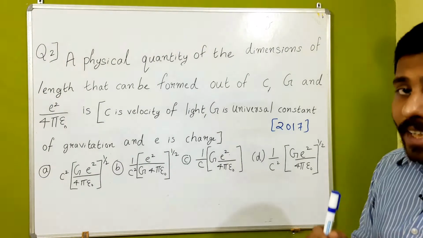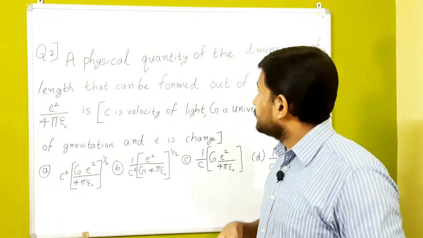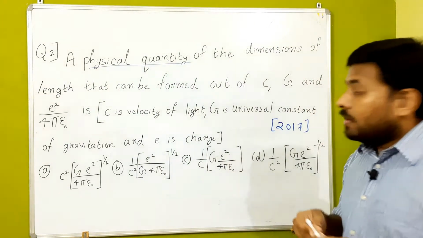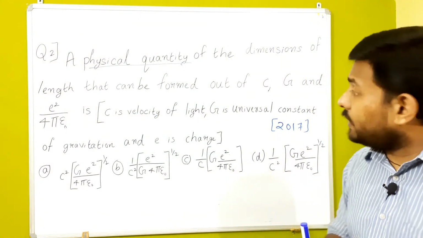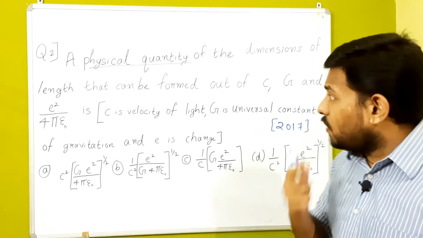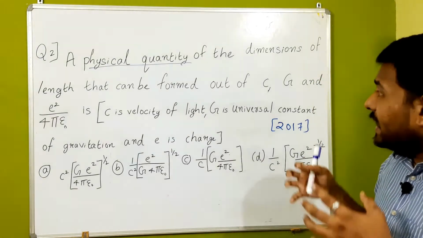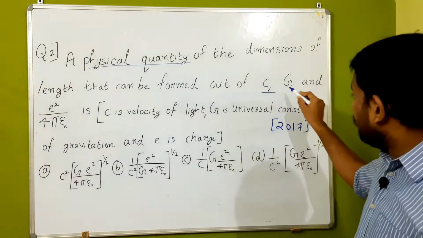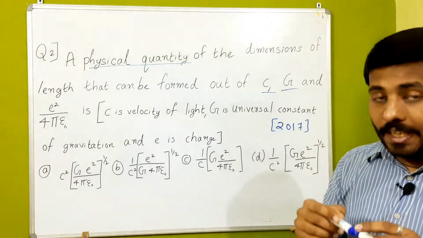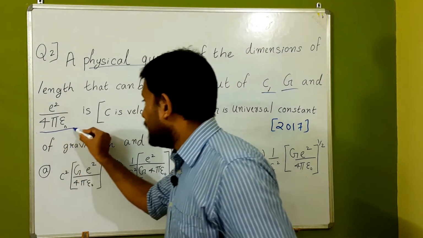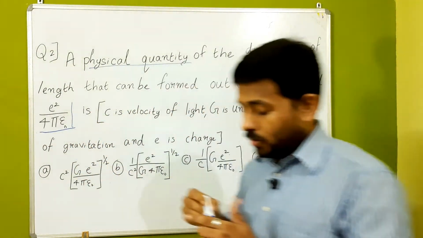We have to find a physical quantity. So what is the speciality of that physical quantity? We have to find that physical quantity by combining c, that is the velocity of light, G, that is the universal constant of gravitation, and this term, that is e square by 4 pi epsilon 0.